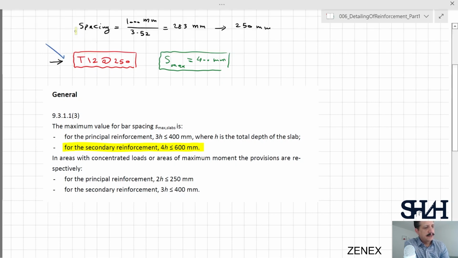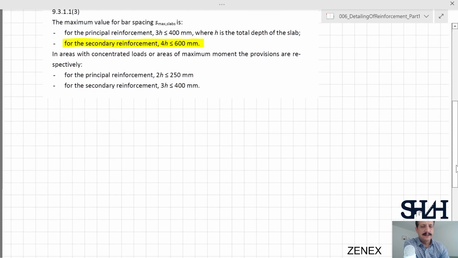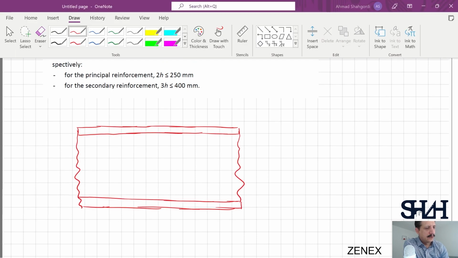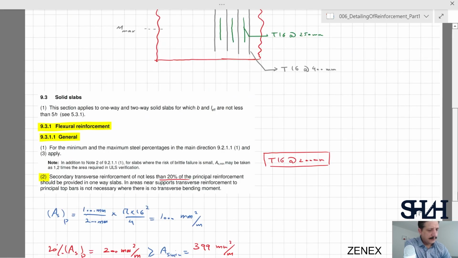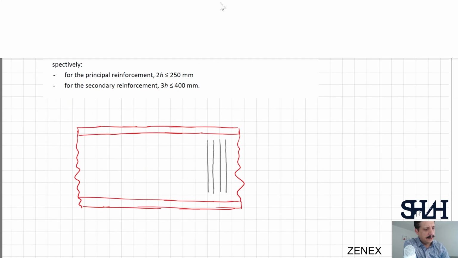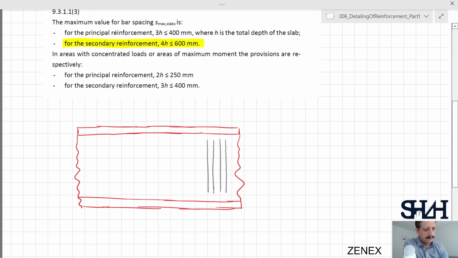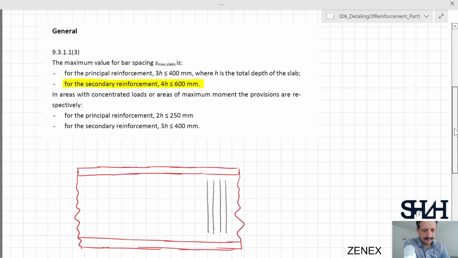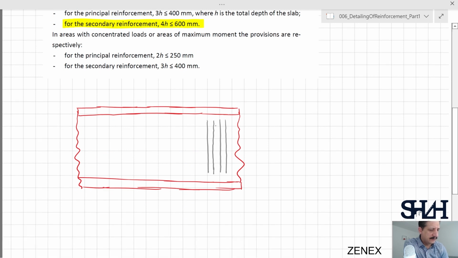So in this example, we can see that the detailing or the minimum requirement for a 3.5 meters width of a one-way slab for the longitudinal reinforcement is T16 every 200 millimeter. And for the other direction, it is limited to T12 every 250 millimeter. And that's the design.